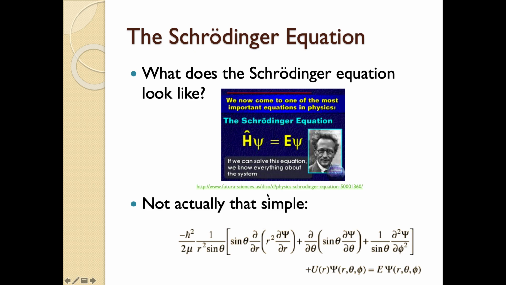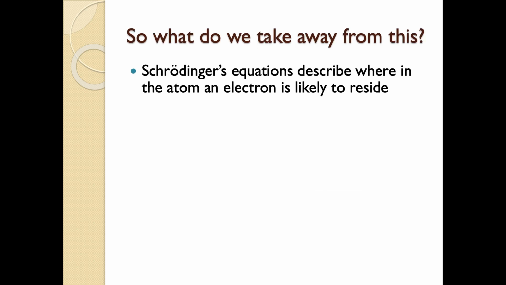But I do want to point out some interesting bits of information that we want to know and understand that come out of the Schrodinger equation. A lot of the biggest things is that Schrodinger's equation, and really the solutions to the equation, help us describe where an electron is in an atom.